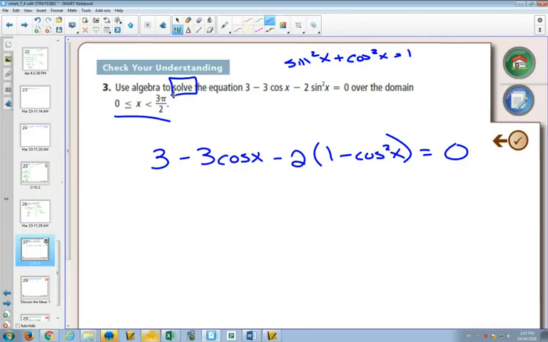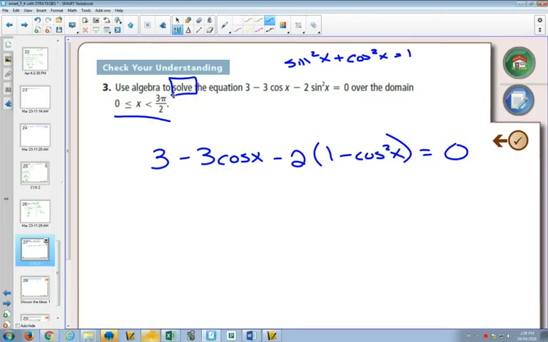So if you wanted to get tan squared by itself, you'd move the 1 over to the other side and get secant squared minus 1. If you wanted to get sine squared by itself, you're going to move the cos squared over to the other side and get 1 minus cos squared. And once you've done that, now we've got an equation with only one trig function.